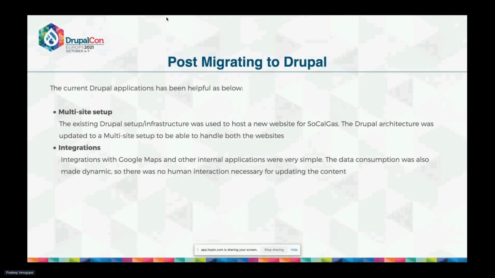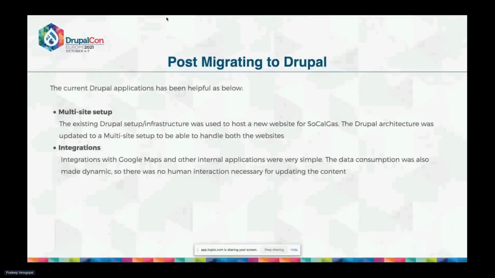And then finally, I would like to take some time to convey what we have done, or how Drupal has helped SoCalGas after the migration. As part of the migration, we were trying to move away from the legacy system and come into the new system, through which we were able to drive the business site, which was SoCalGas.com. But later on, we were able to use the same infrastructure for spinning up another microsite for SoCalGas.